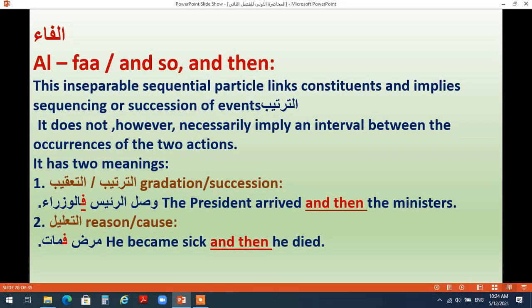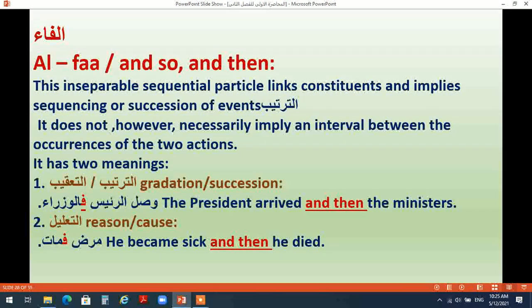It doesn't however necessarily imply an interval between the occurrences of the two actions. يعني ليس بالضرورة أن تدل الفاء على وجود برهة من الزمن أو فسحة زمنية معينة ما بين النشاطات أو two actions. بالحقيقة الفاء لديها معنيين مختلفين ممكن أنه نستخدمها به. المعنى الأول it is used for gradation or succession للدلالة على الترتيب أو التعقيب.